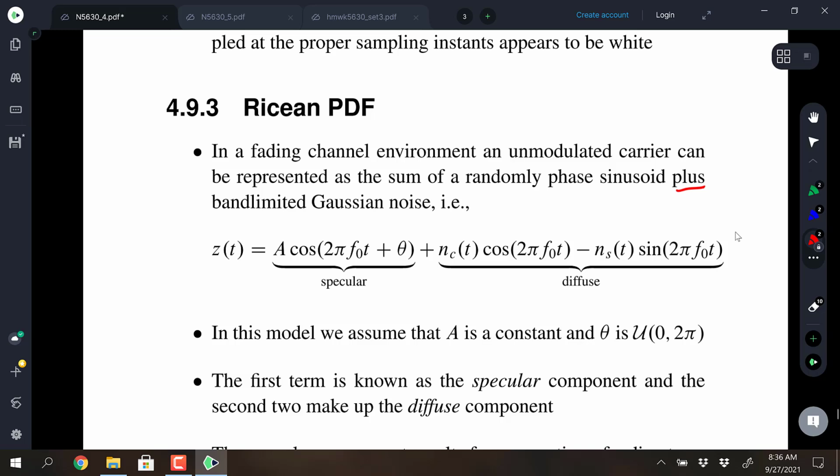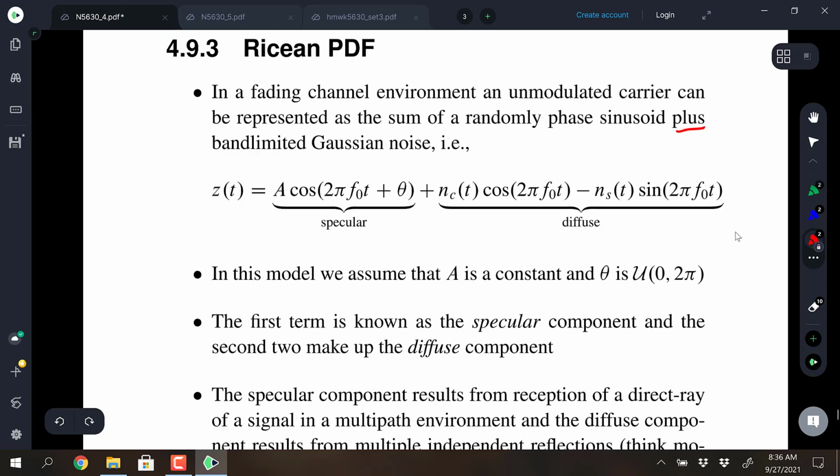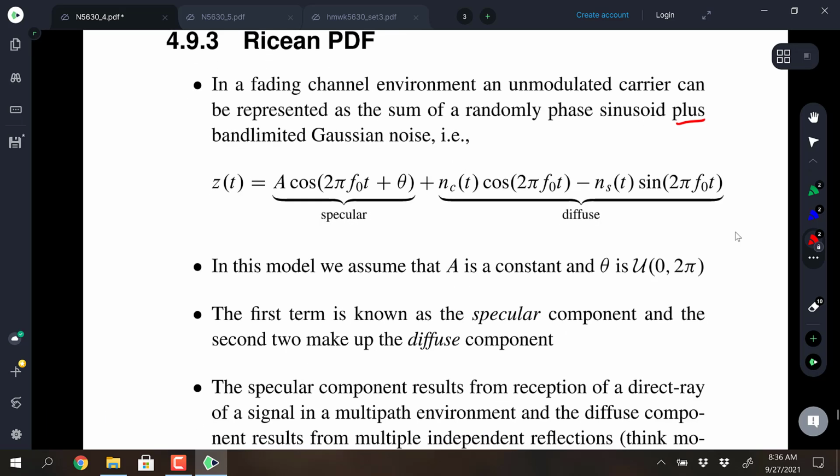So here's the model then. We have a specular component just at a fixed frequency f naught, and then we also have the narrowband noise model coming into play, and that's representing the fading path, the diffuse path that arrives at the receiver as well after it's gone through a bunch of multipaths.